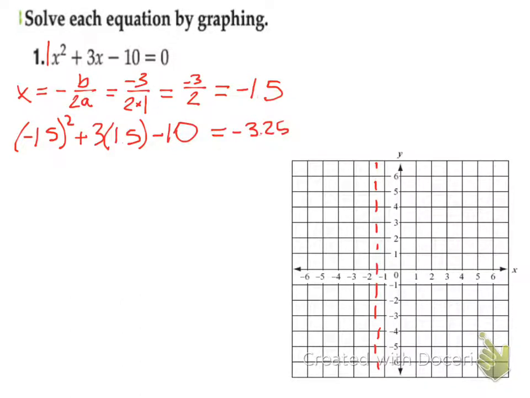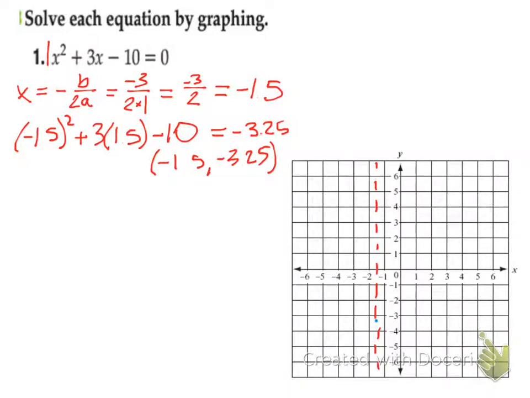All right, and that gave me an answer of negative 3.25. So my vertex is at negative 1.5 comma negative 3.25. That's pretty ugly, huh? But we can do it. All right, so I'm going to put my vertex at negative 1.5, negative 3.25. I'm just guessing here. That's about where I'm at.